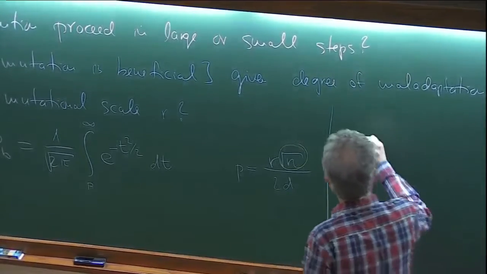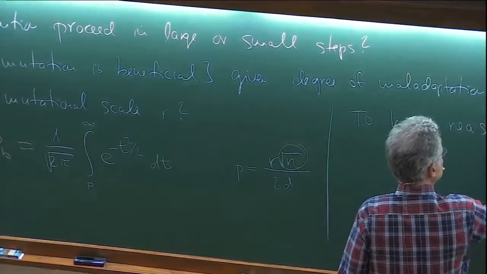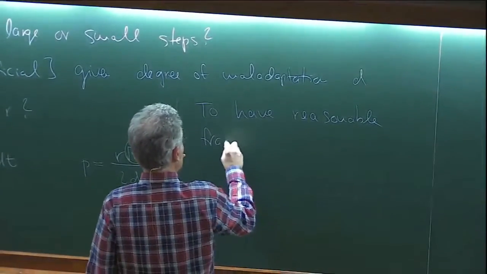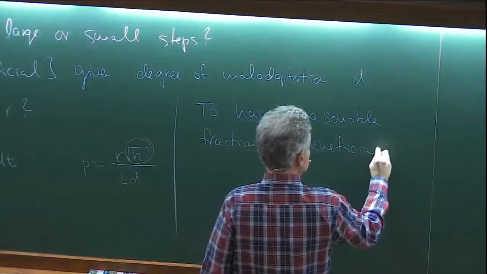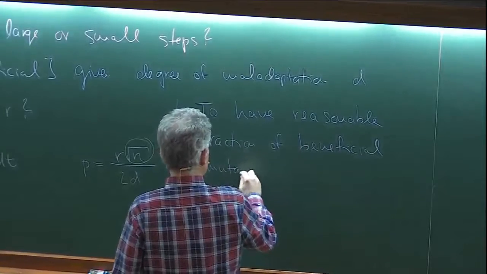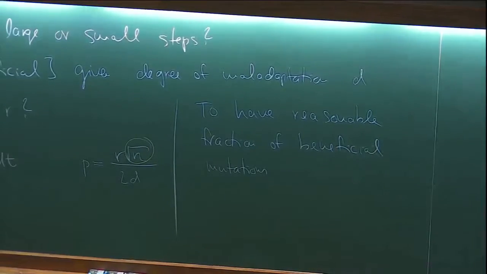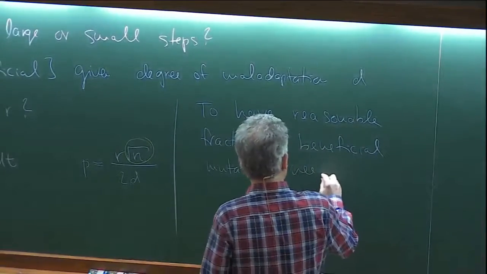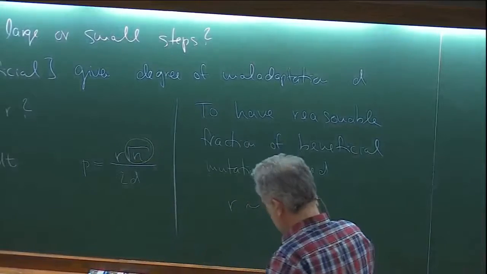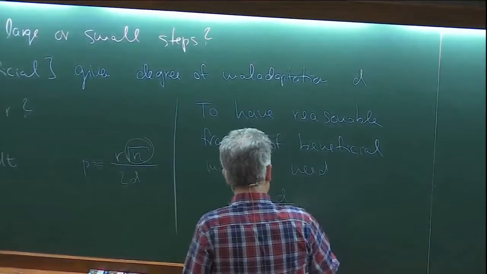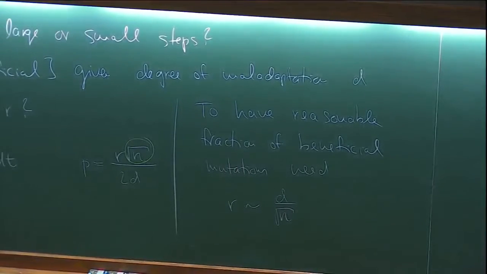So to have a reasonable fraction of beneficial mutations, which essentially means that you want P to be some constant of order 1, you need the mutational displacement to be of the order of D divided by square root of N. And this is much, much smaller than D when N is large.